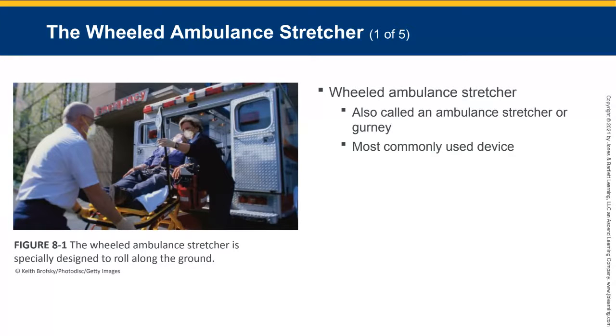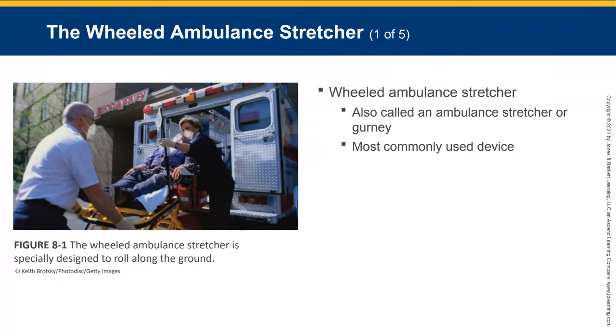It's the main device used to roll the patient so we can avoid lifting and moving over a longer period. You will still have to lift the patient to the stretcher, but to move from the location to your ambulance, it's easier to roll the patient on the stretcher than to carry that patient all the way.